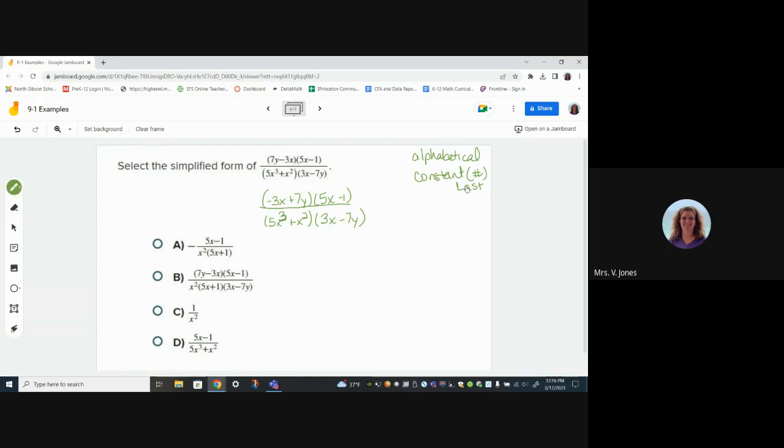All right, so now we can go ahead and factor some things out. What I'm looking at is these two right here. They might end up being the same, but both of their signs are opposite. So another thing we like to do, we want them to be alphabetical, the constant is last, and we do not have a negative lead coefficient. Our lead coefficient should always be positive.